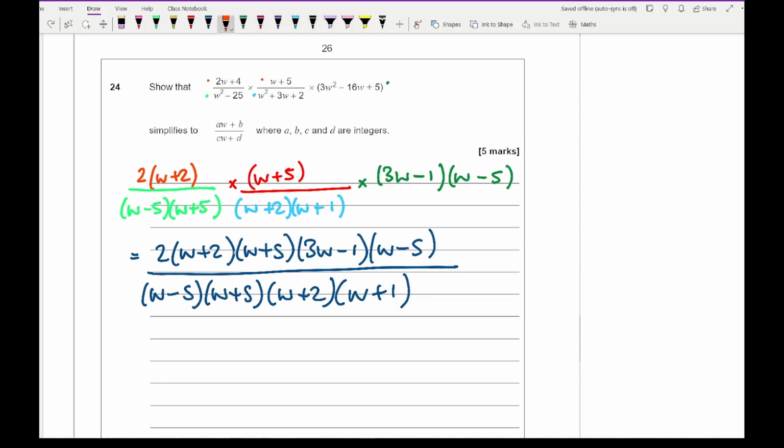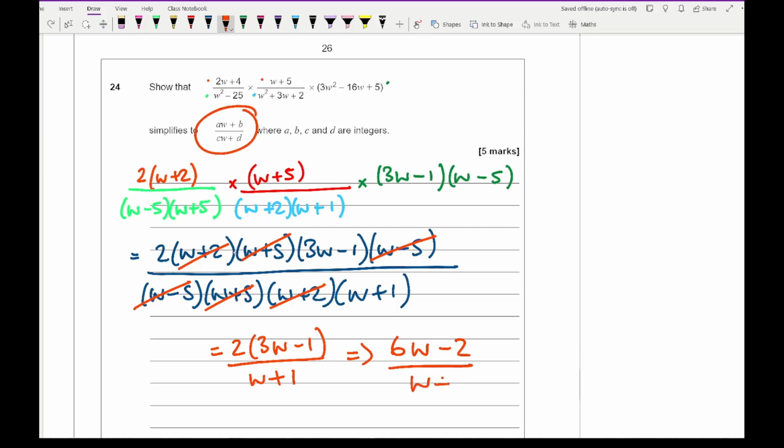So here I can cancel my w − 5, I can cancel w + 5, and I can cancel a w + 2. And so what am I left with? I'm left with 2 lots of (3w − 1) over (w + 1), but I want to make it look like this. So I expand the bracket, so I get (6w − 2) over (w + 1), and there is my final answer and the end of this paper.